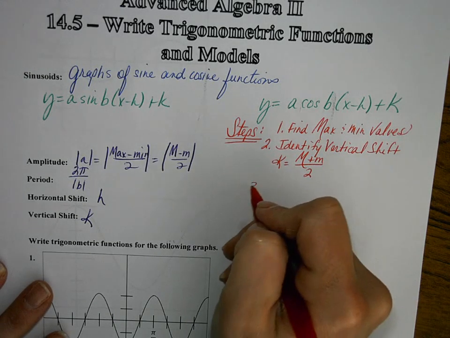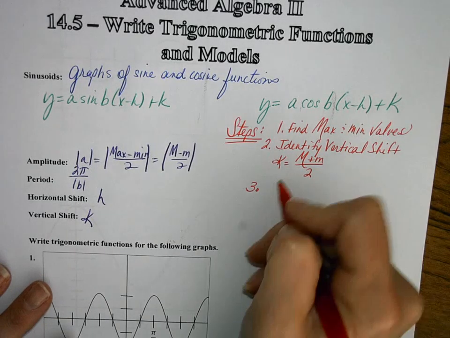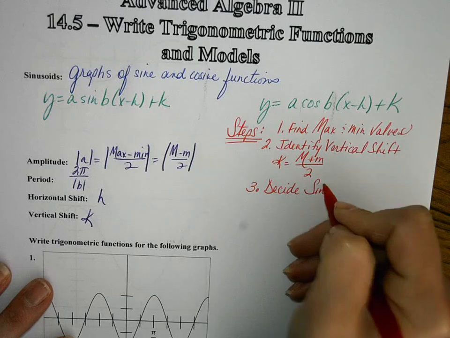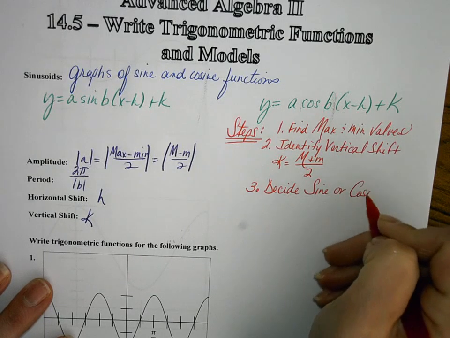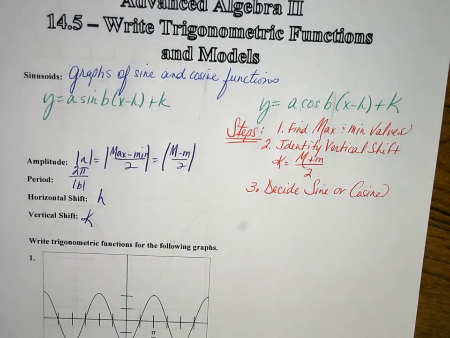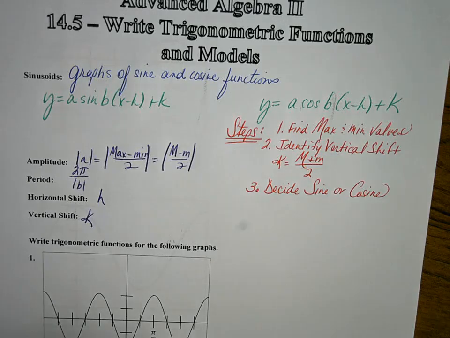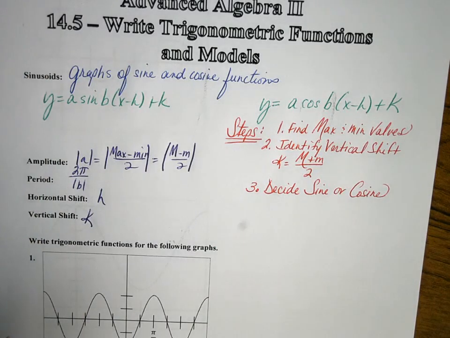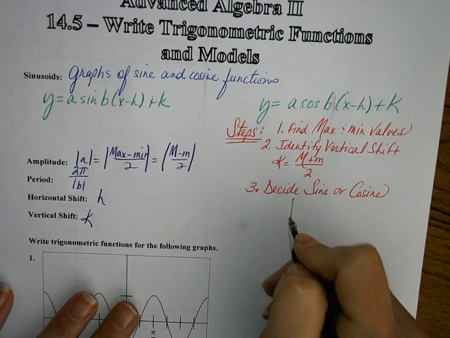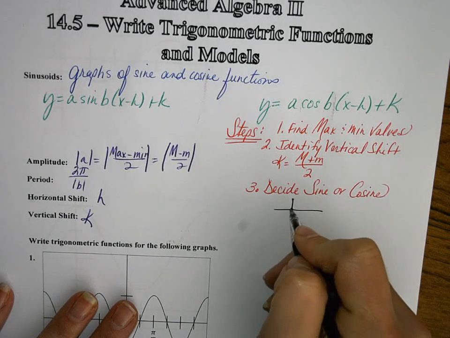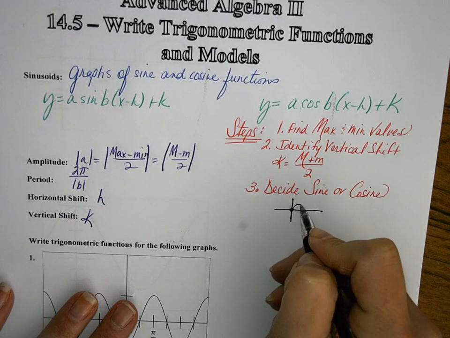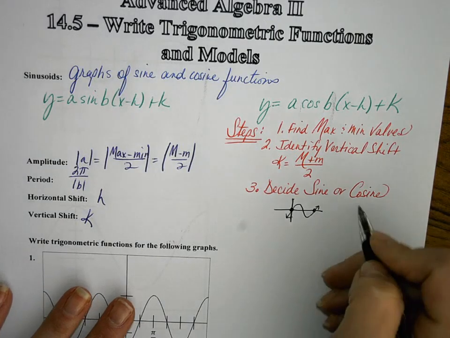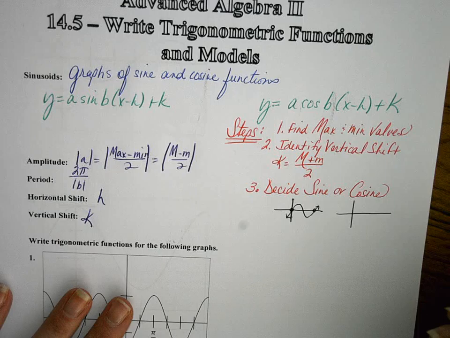All right. Third thing I need to know, I need to decide if my graph is a sine graph or a cosine graph. Now, just a comment. My sine graph starts where? All right, sine starts at the origin, goes up, comes down, goes back for one cycle. My cosine starts where?